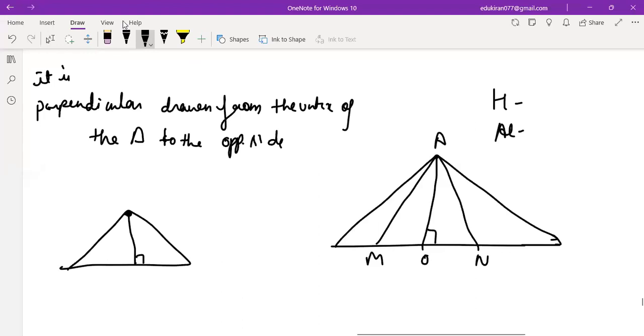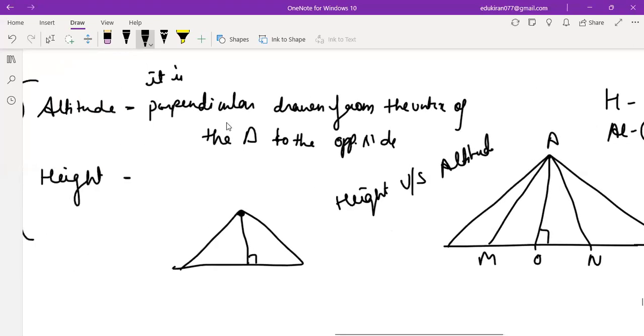Ma'am, altitude is AM. And height is also. And what is height? I did not understand. I am basically telling you the difference between height versus altitude.